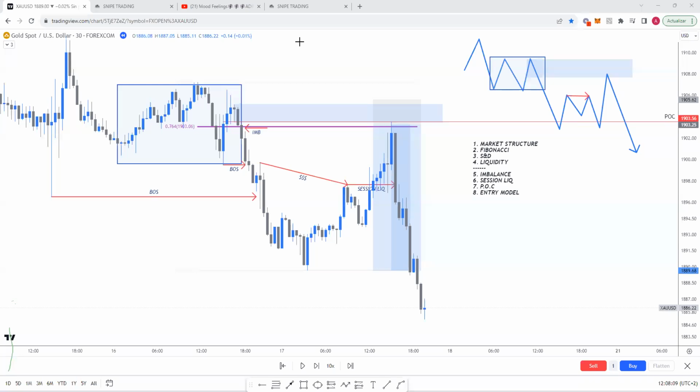Units per lot, every lot is 100,000 units. So let's say I buy one lot of gold against the US dollar. That means I'm buying $100,000 worth of gold.